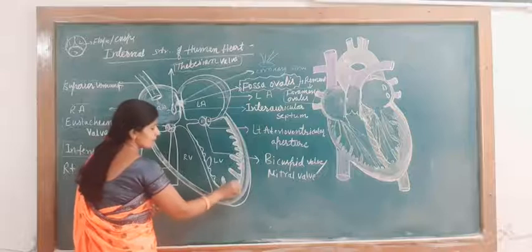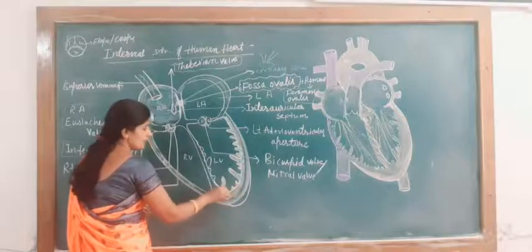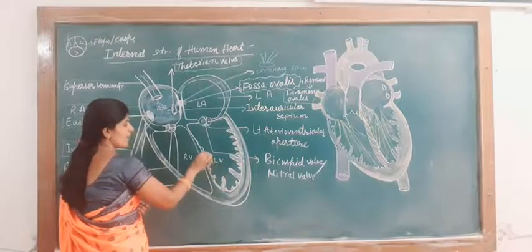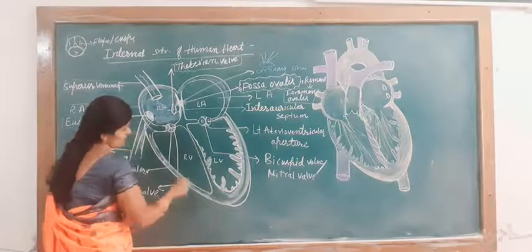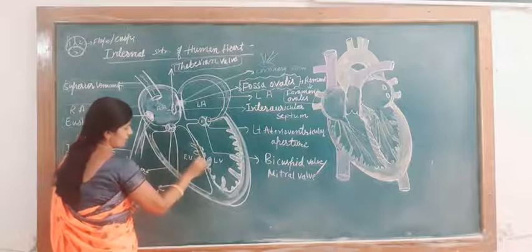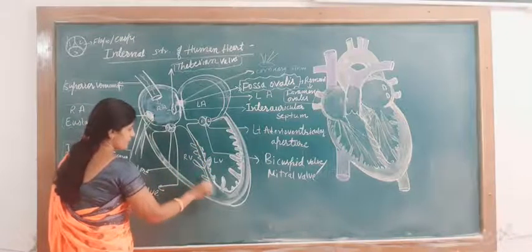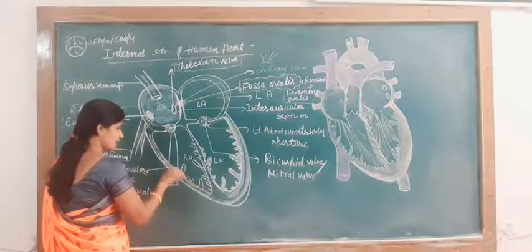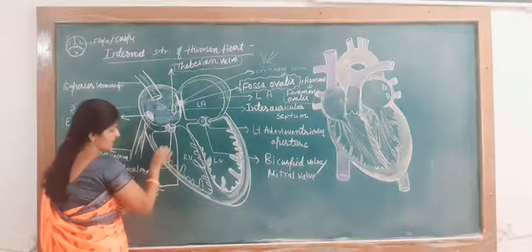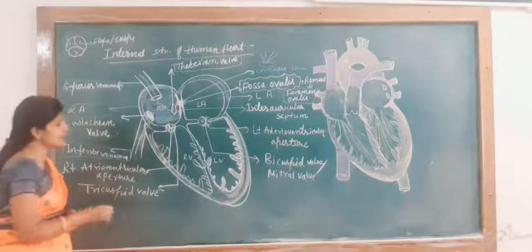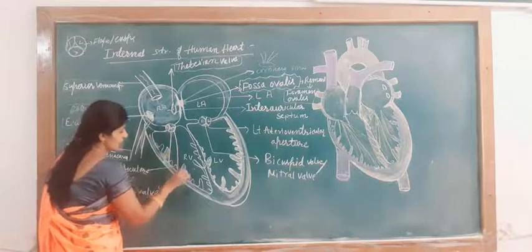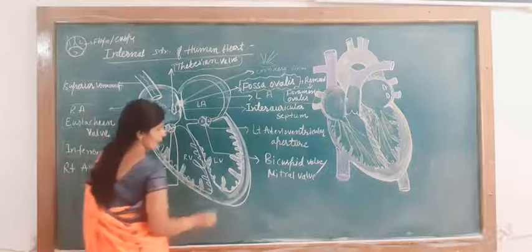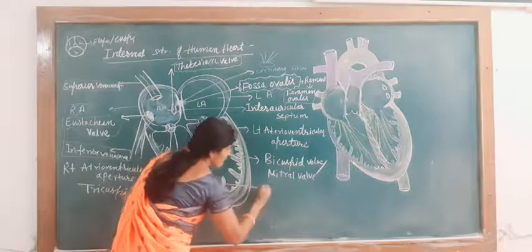These smaller ridges give a rough appearance to the inner wall of the ventricle, and some are bigger in size. These bigger ridges are called papillary muscles.